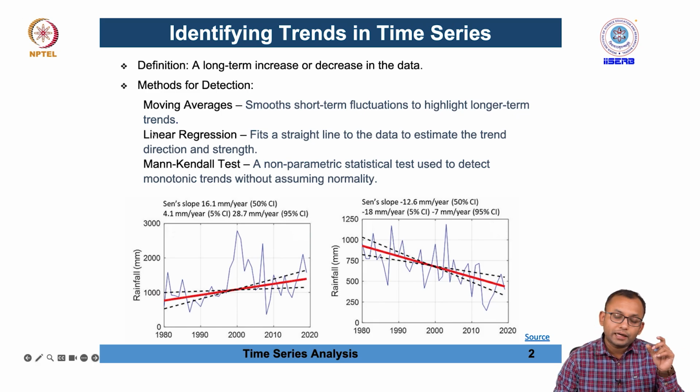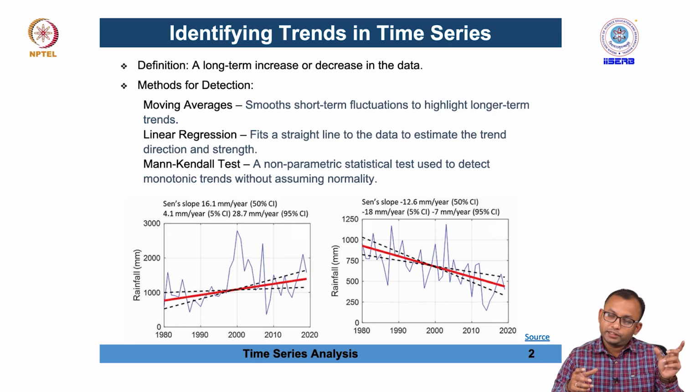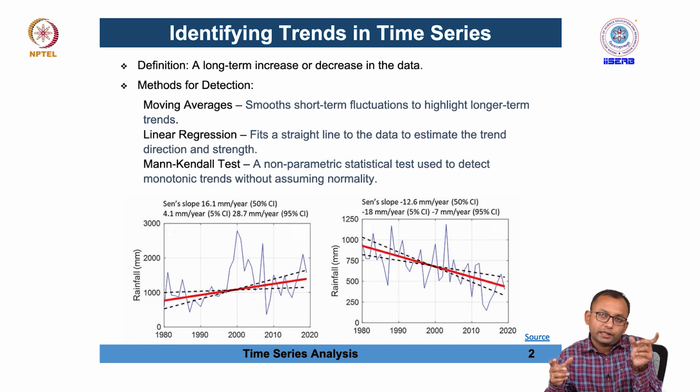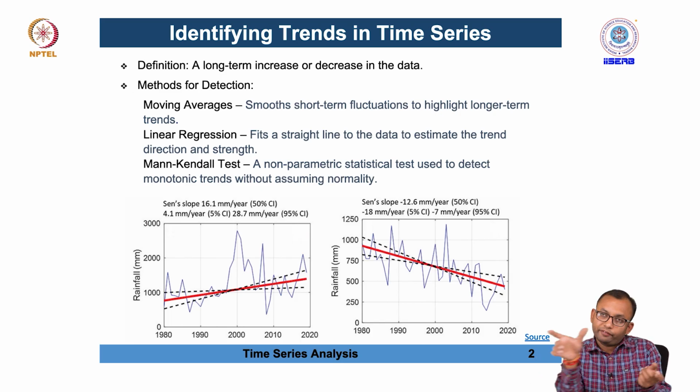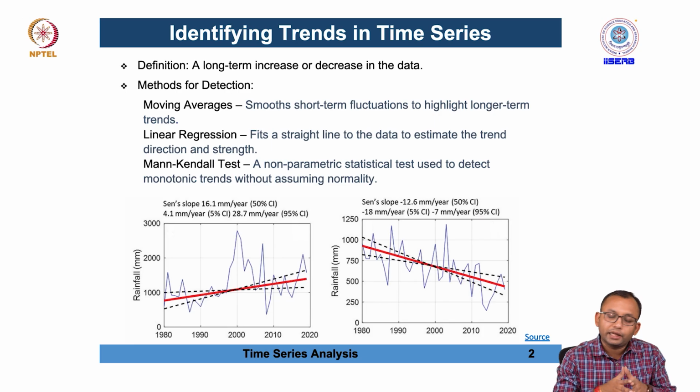Like, let us say you have a time series for 100 years, then you can take 10 years as a moving average window. You collect 10 years of data and take the average, then slide the window by adding one more year and removing the earliest one, calculate the averages, and plot them for individual years. That highlights the long term trends.